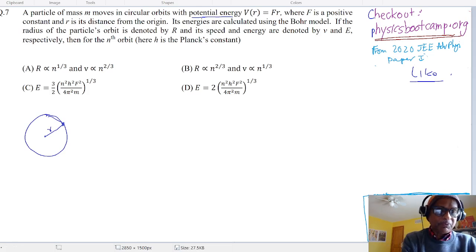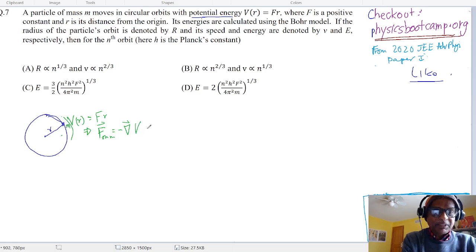So if you look at this, V of r is F r. That will mean force, and the particle's mass is m, say. So the force on m will be minus the gradient of the potential energy.